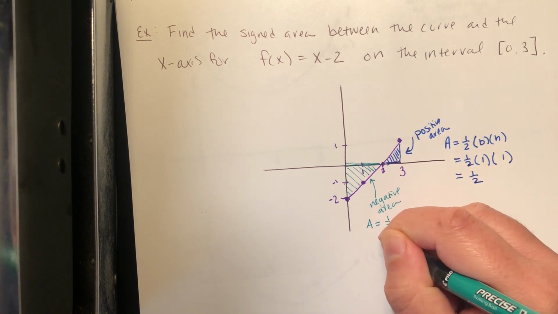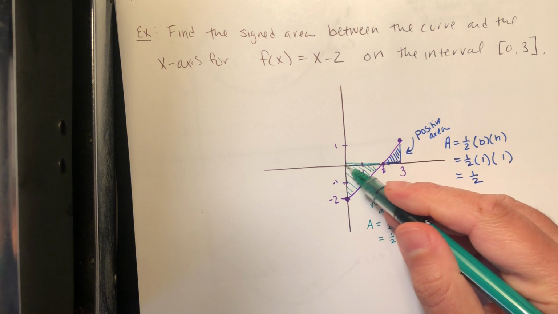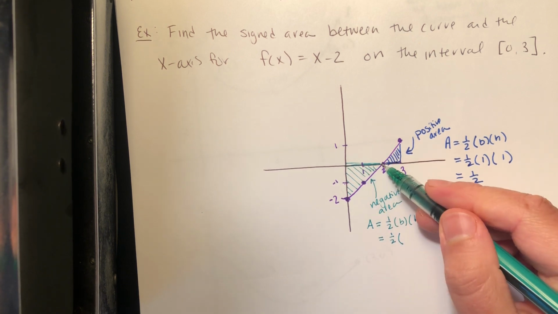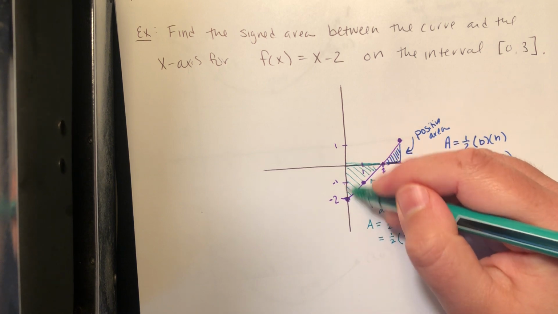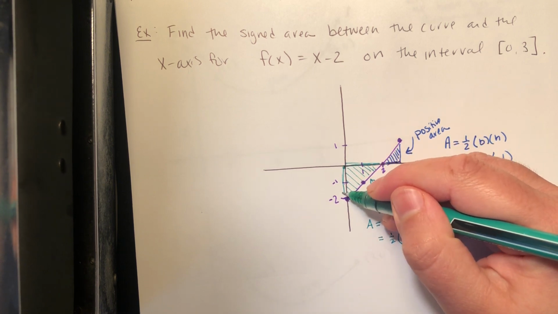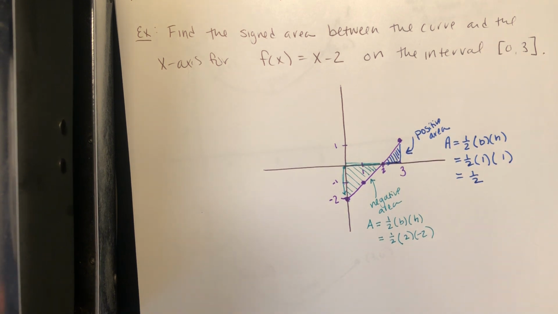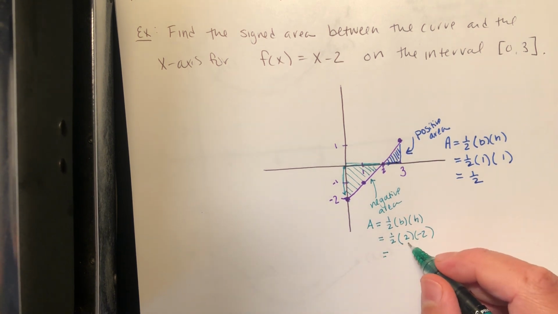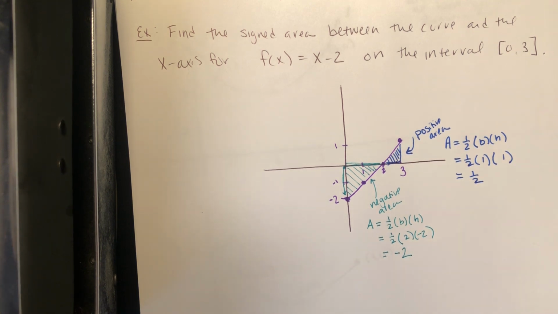But this time, the base would be 2, and the height, see, this is where the negative sort of comes from. The height here, from 0 down to -2, is like a negative height, because it's below the x-axis. And so 1/2 times 2 times -2 would be -2 altogether.